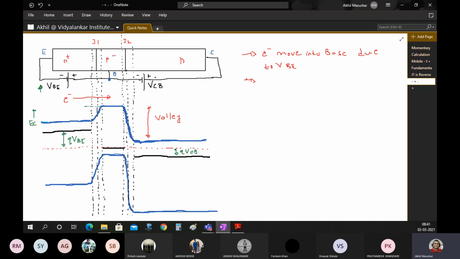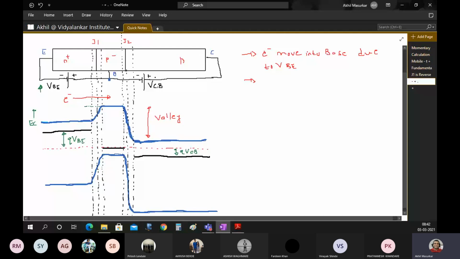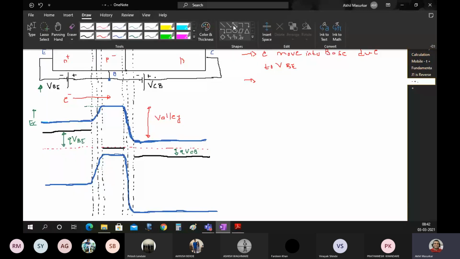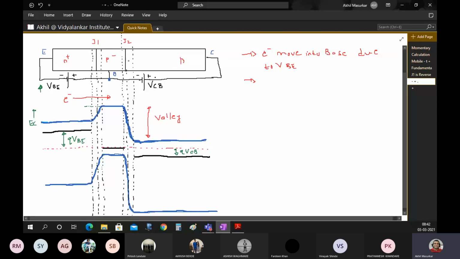That is the reason why they will move from the base into the collector under the influence of the electric field because of VCB.